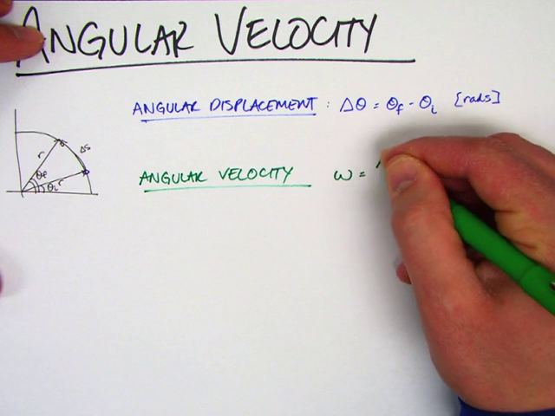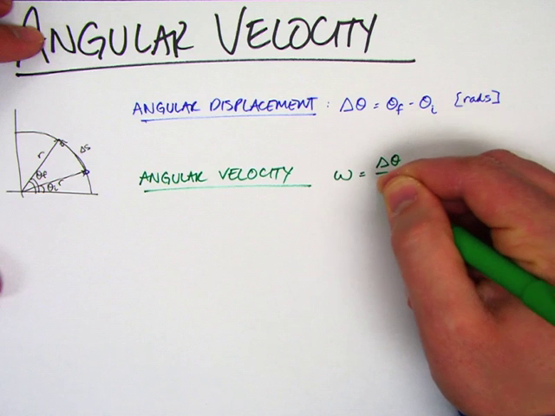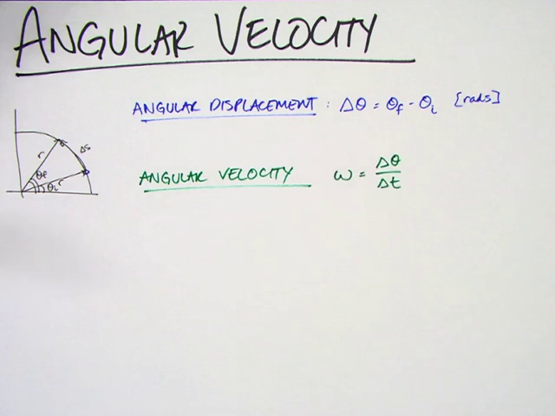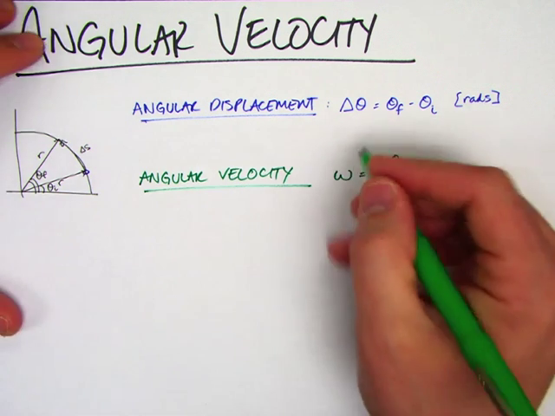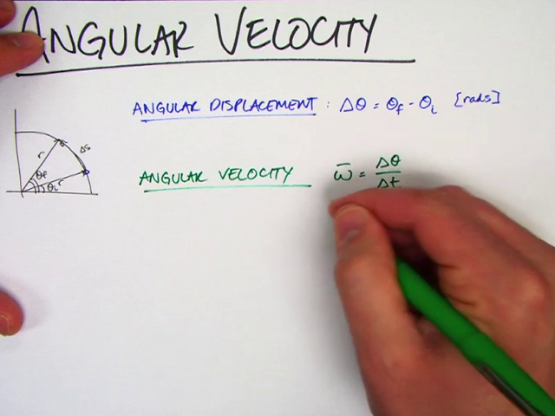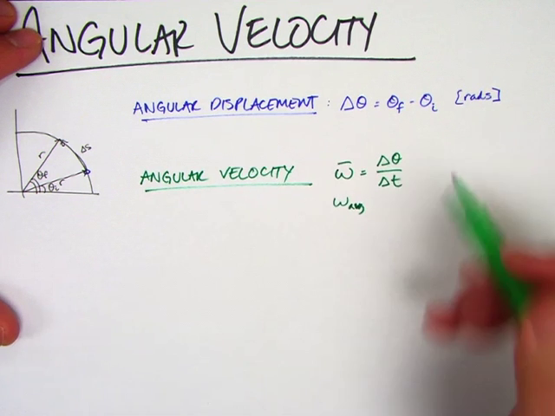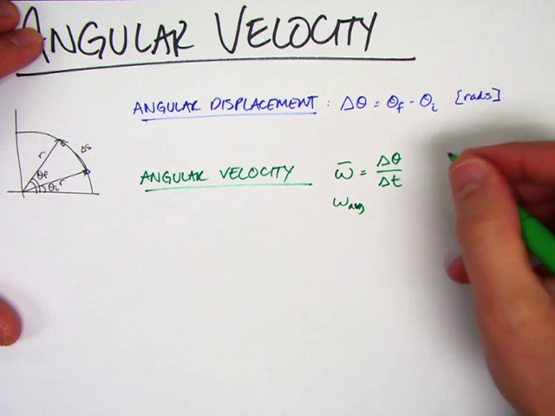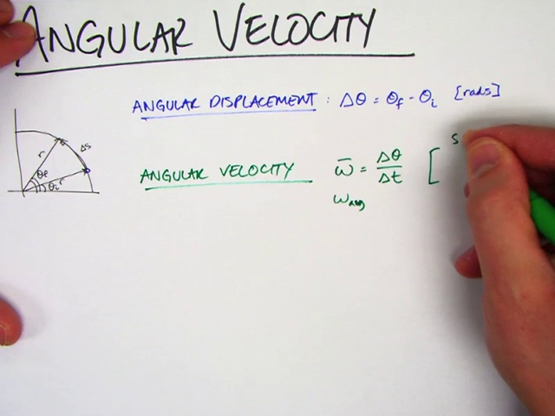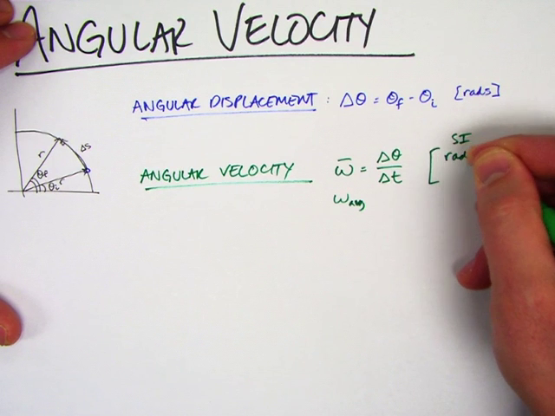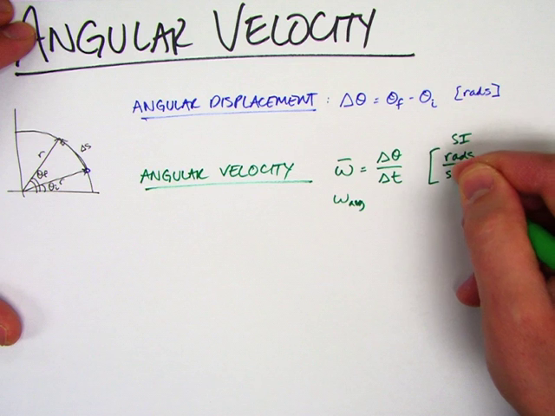Omega is the rate at which the angle changes over time, just like standard velocity is the rate at which your position changes over time. We're just now defining position in terms of angle. Sometimes we see this omega bar, sometimes omega average, but it is a change in theta over time. Our standard units for that are going to be theta in radians, time in seconds.